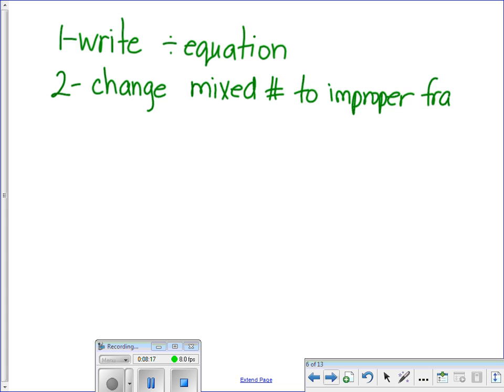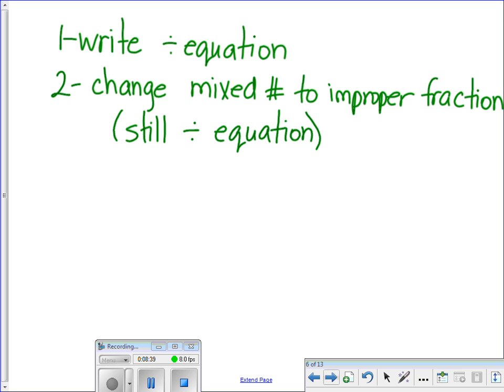Suppose your dividend is a mixed number. Are you going to change your dividend to a mixed number? Yes. All mixed numbers become improper fractions. And at this step, it is still a division equation. No keeping, no changing, no flipping. It's still a division equation.